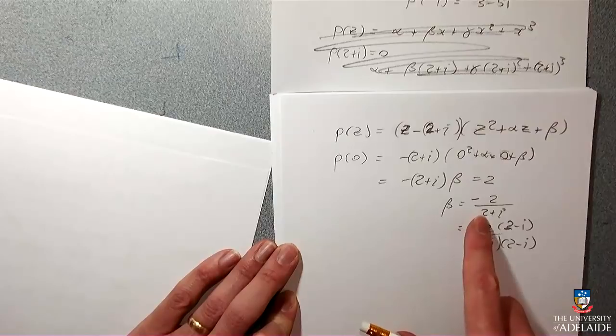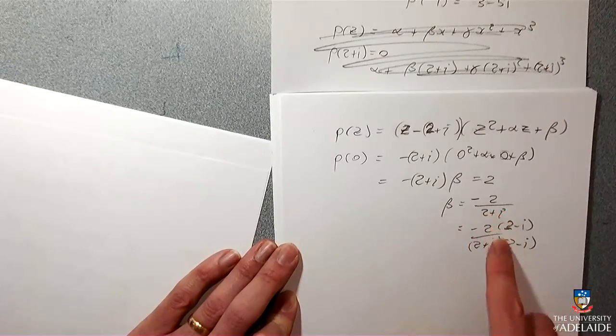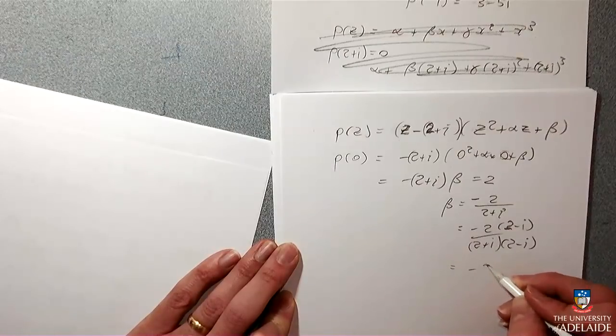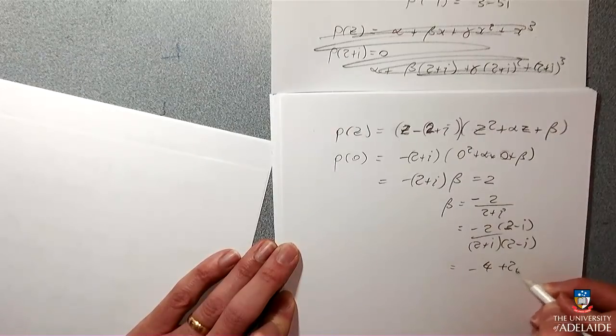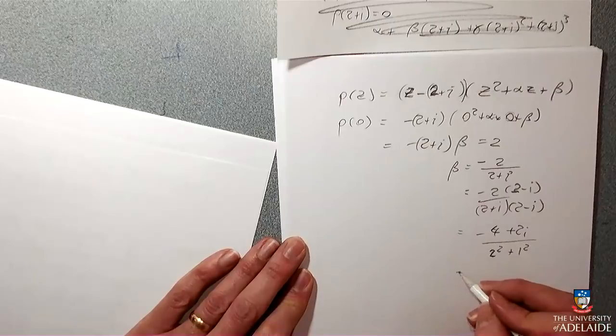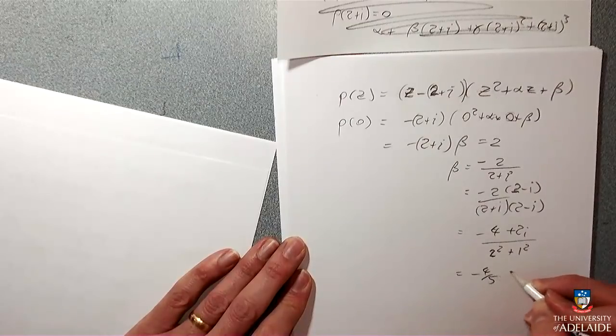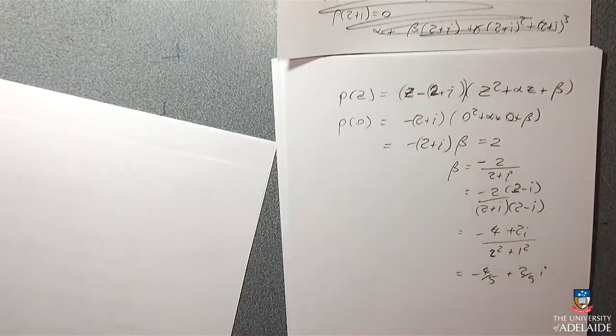Yeah, well look at this. It's got 2 plus i on the bottom. If I multiply by 2 minus i down there, that'll make the bottom real. Right. Sweet.